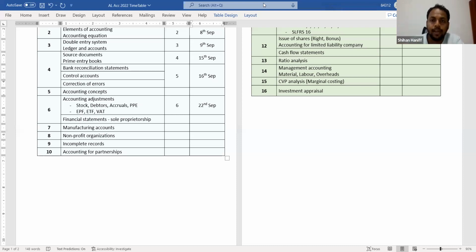There are a few main adjustments that we will discuss: stock, debtors, accruals, and PPE. So let's move on to our chapter again.